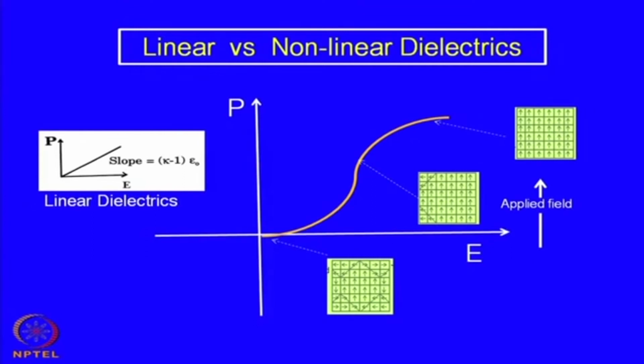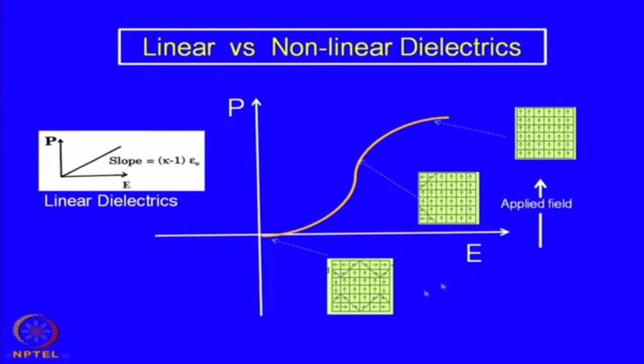So, either a single domain or multiple domains may also be there, but their orientation of the polarization will be all along the applied field direction. So, this is where we get a complete transformation from a random state to a complete ordered state. Okay.